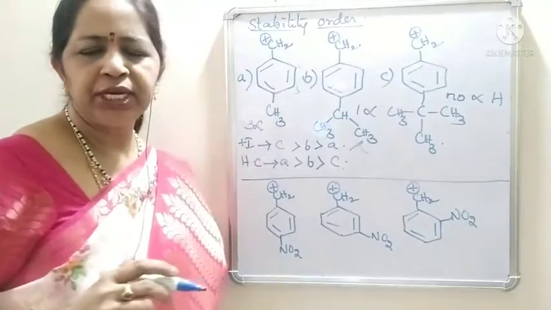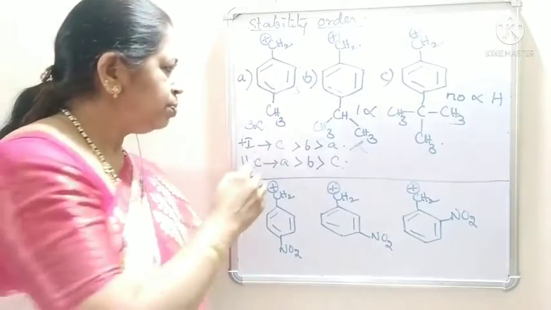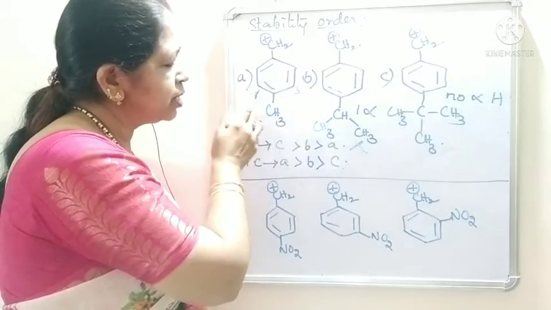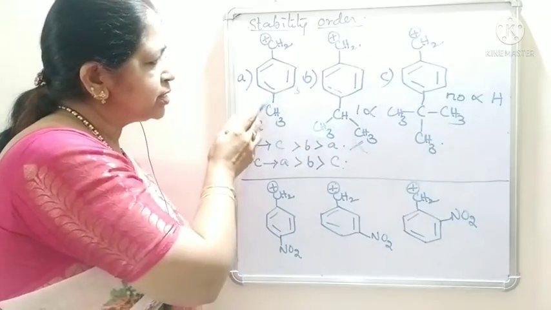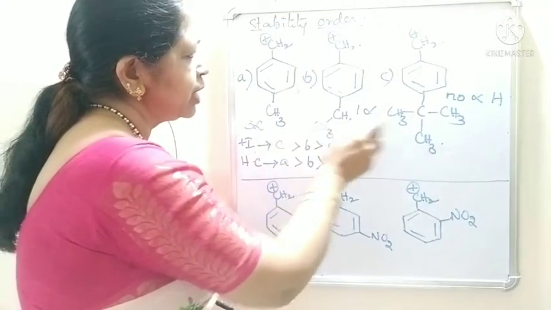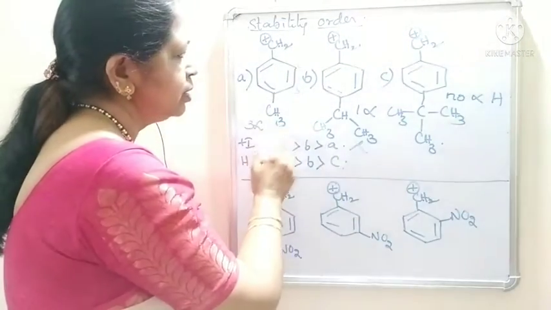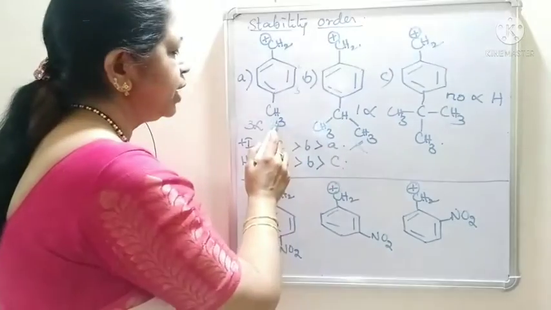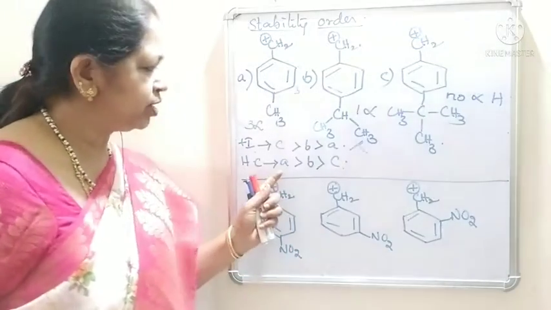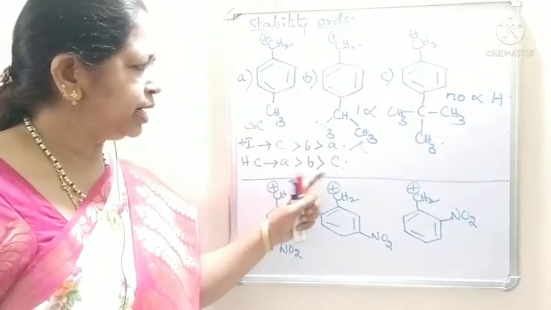Only hyperconjugation is considered, depending on the number of alpha hydrogen atoms on the alpha carbon atoms adjacent to the double bonded carbon. So 3 alpha hydrogens, 1 alpha hydrogen and no alpha hydrogens. The stability order will be A greater than B greater than C.